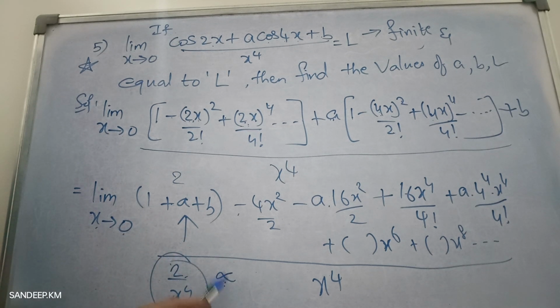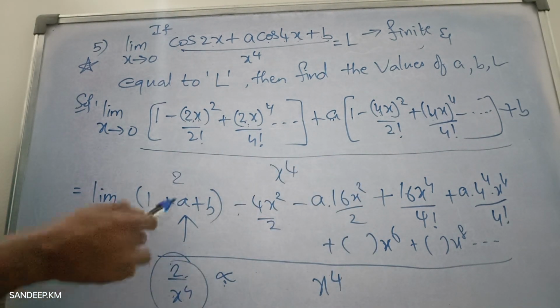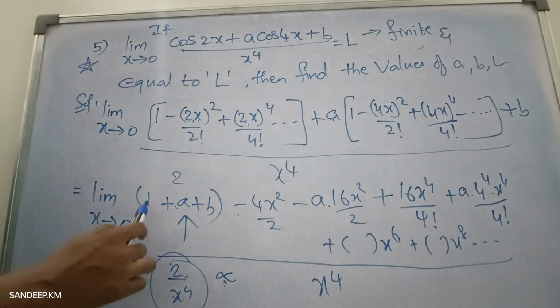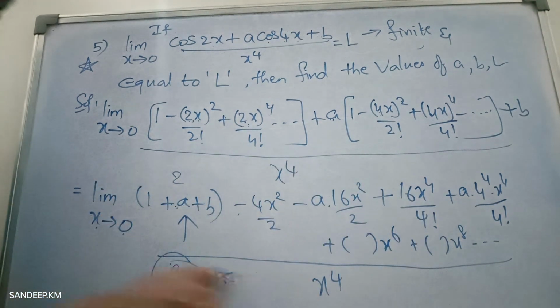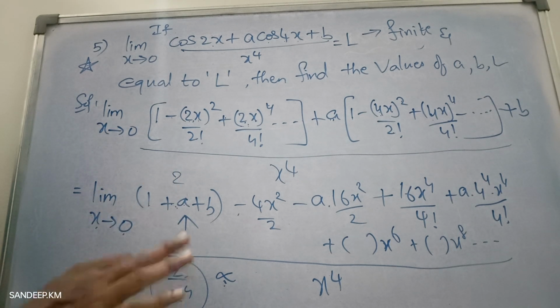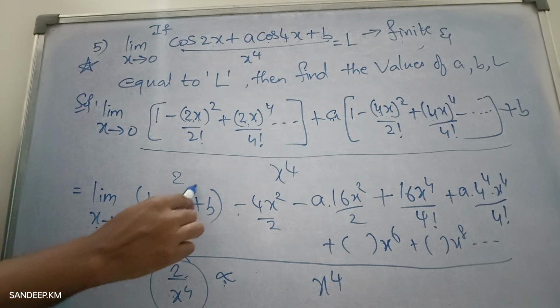So if 1 plus a plus b is not equal to 0, then the entire answer becomes infinity. Just now I have explained why. So if you want a finite answer, this term should be equal to 0.